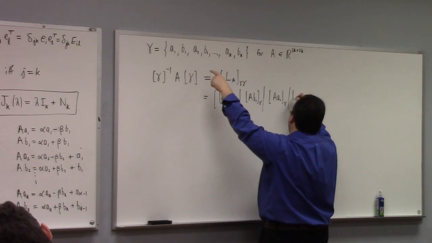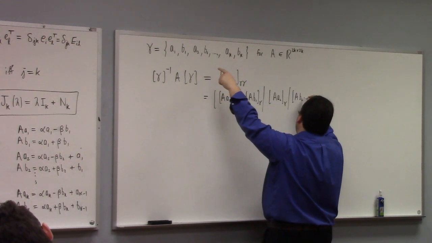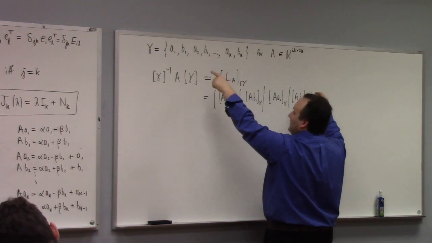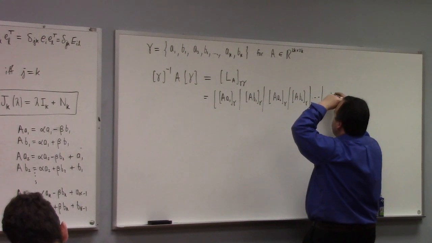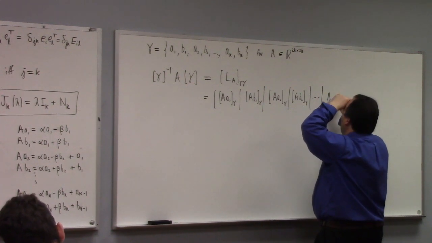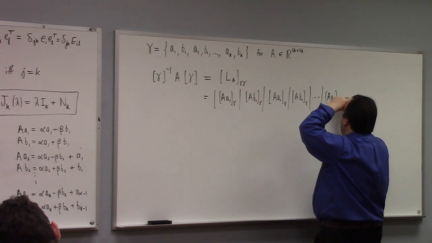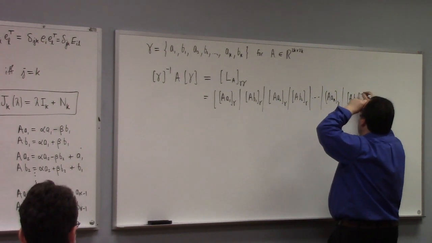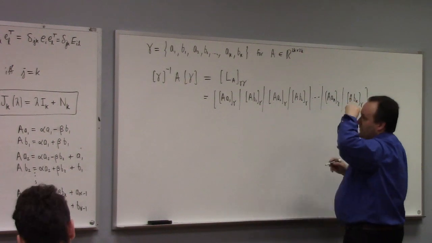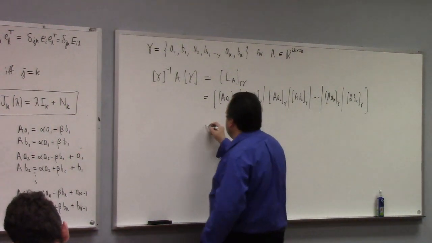So the columns of this matrix are informed by these equations over here. Eventually we get to A K and B K in the gamma coordinate system.